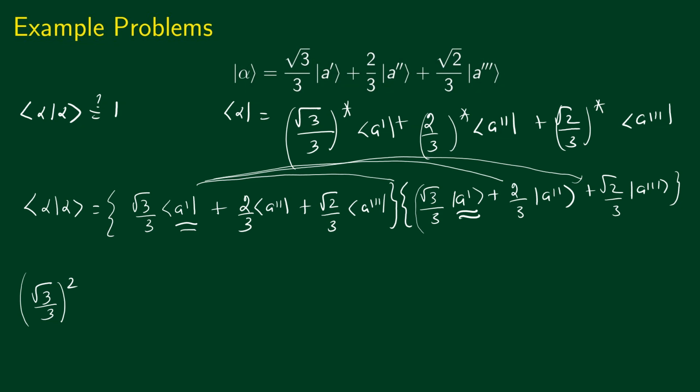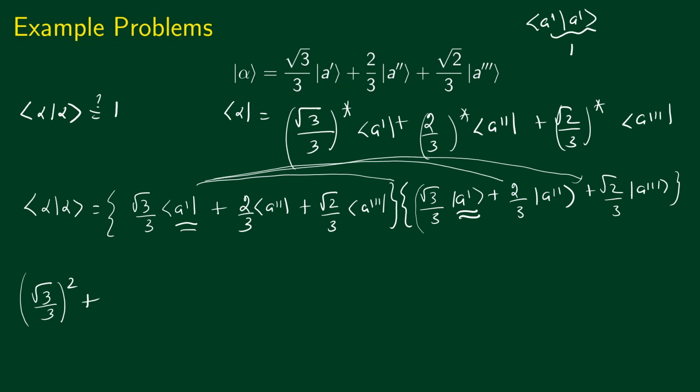That would give me bra a prime ket a prime, which is equal to 1 by orthonormality. We assume that we are dealing with an orthonormal basis, unless otherwise specified. So if nothing else is given, we'll assume an orthonormal basis. So this is 1.